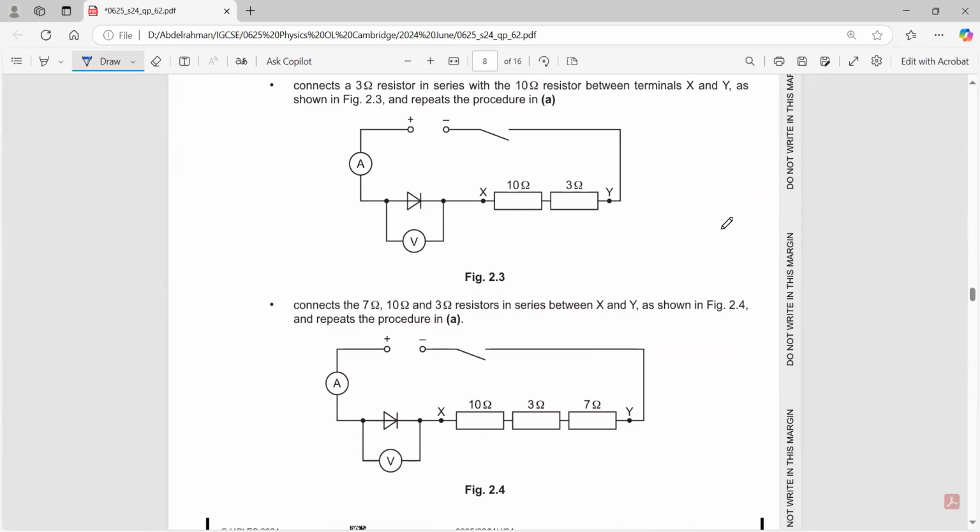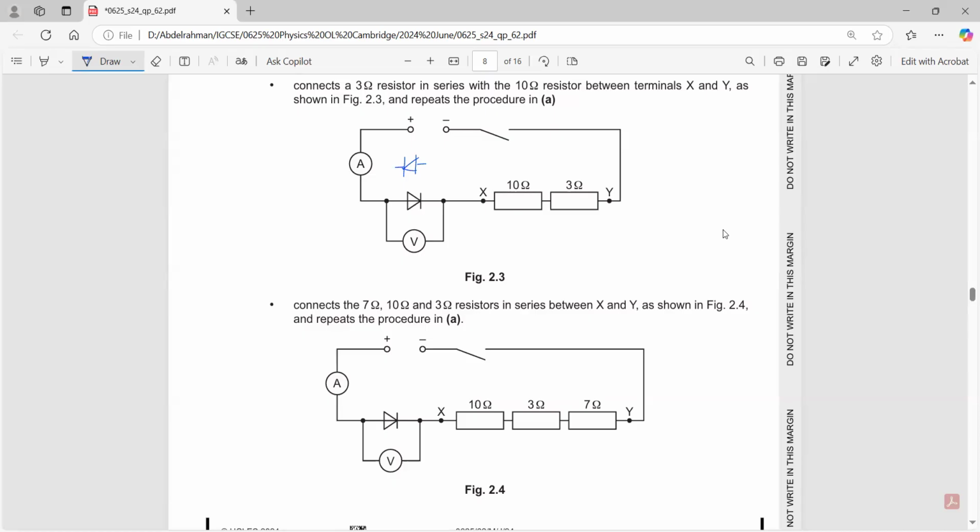What could the problem be? The ammeter is the same, everything is the same. One very small problem might be that the diode is set up in the wrong direction. If he put the diode in the opposite direction, it would be wrong. Or if he flipped the terminals of the battery, again, it would be wrong.